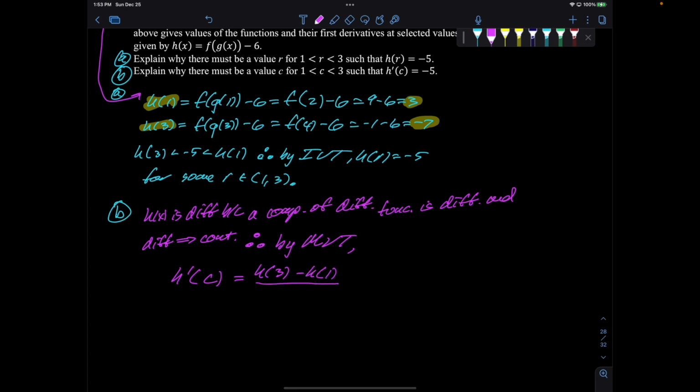If this didn't work, I would go back to the table and try to find a place where this does work. But this is going to be -7 minus 3 over 2, which is -5, for some c that's an element of (1, 3).